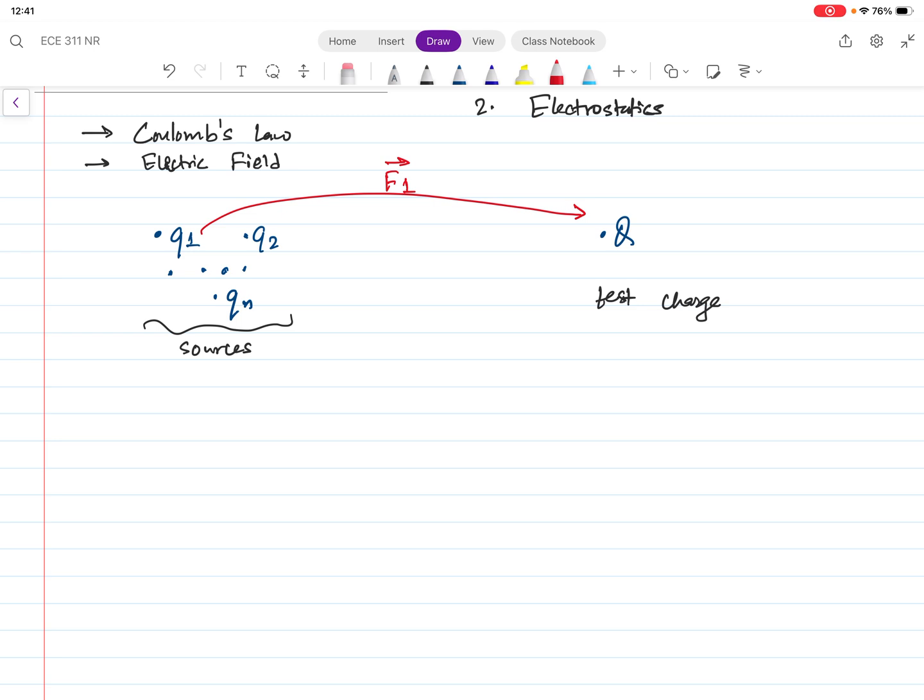Then we again have to determine the force exerted on capital Q due to Q2, F2, and we will carry this process all up to the nth charge, and finally the total force will be the superposition of all these electric forces, that is F1 plus F2 and so on. This is not an ordinary summation, rather a vector sum.